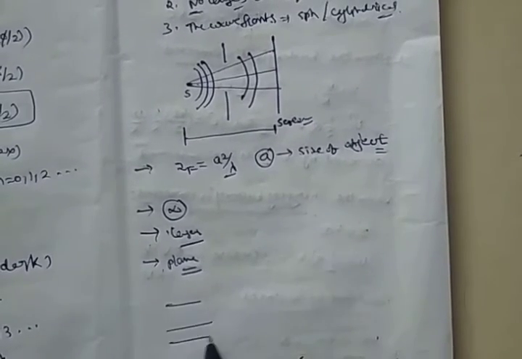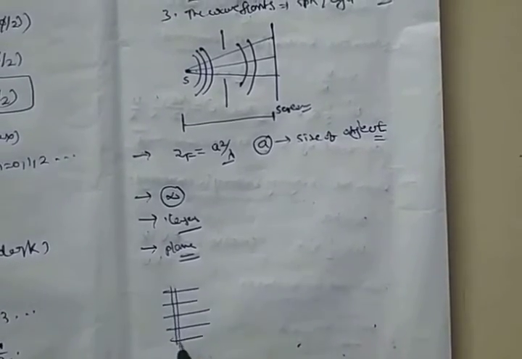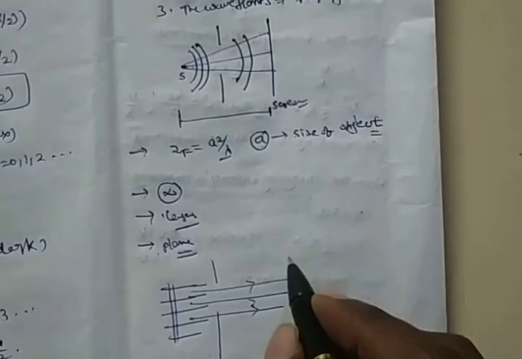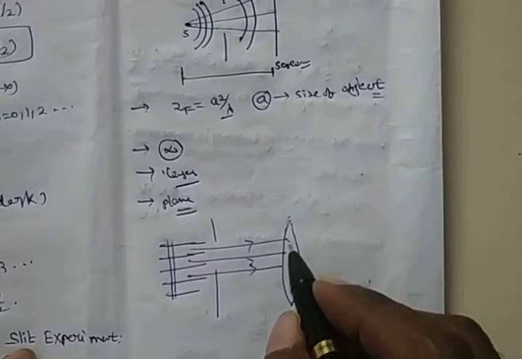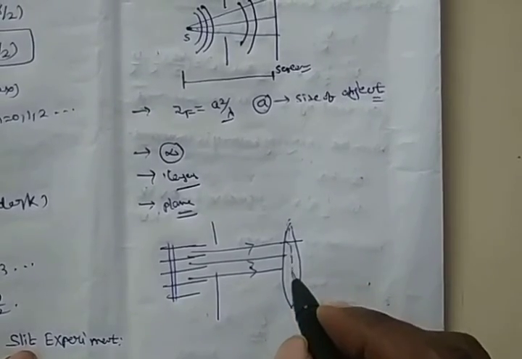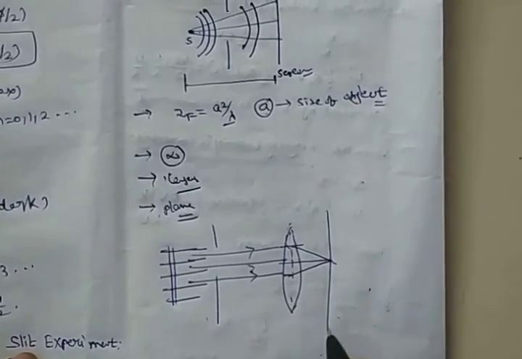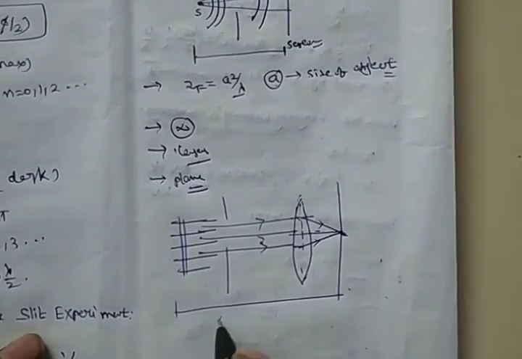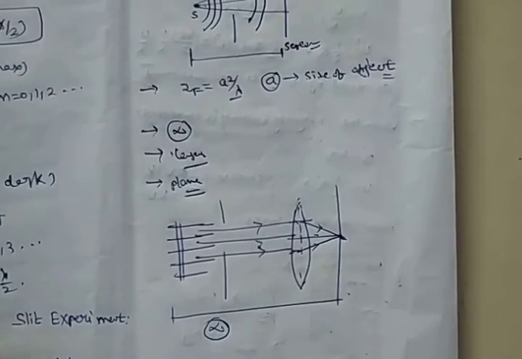The light wave coming from the plane is incident on the slit, then passes through it and is incident on the surface of a lens, which will produce the image like this, which is caught on the screen. Source and screen are at infinite distance.